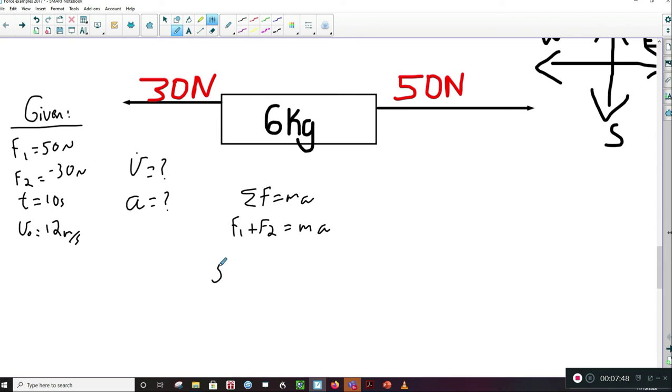So I have 50 newtons minus 30 newtons, and again, it's plus a negative, same thing, equals 6 kilograms times A. So 50 minus 30, that's 20 newtons, is equal to 6 kilograms times A. So now what I have to do is just divide both sides by 6.